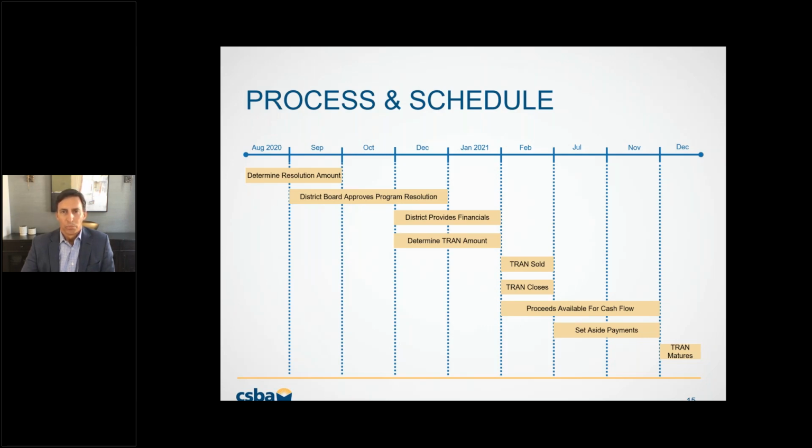There's really about a 3-month lead time to put together the TRAN. So if the board at least adopts the resolution by December, we can have that TRAN in place in February.